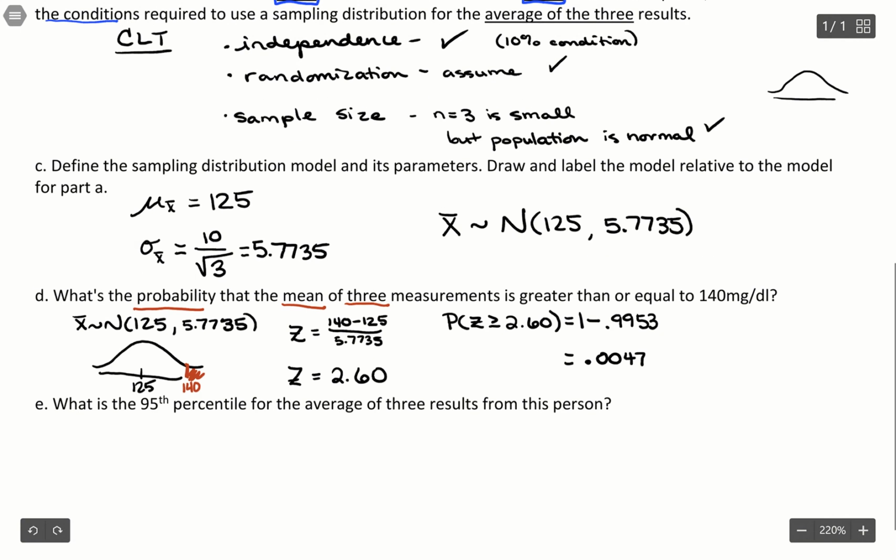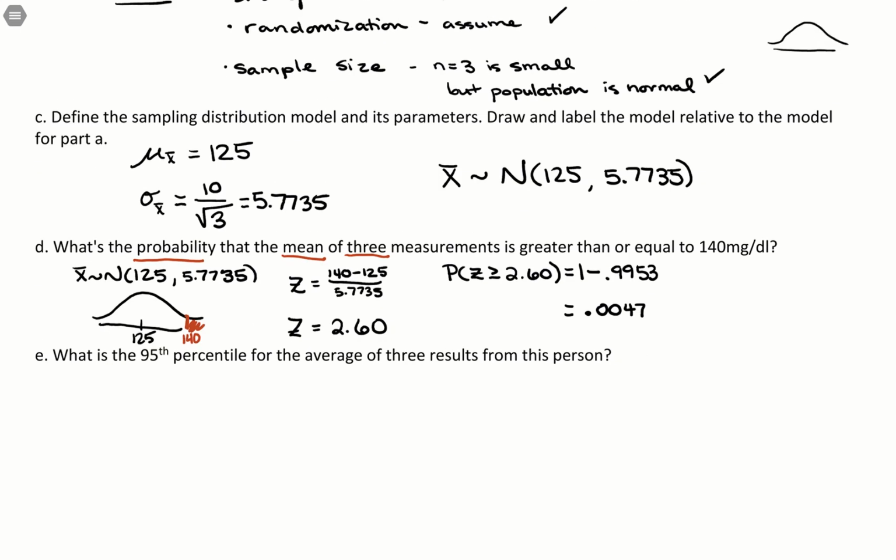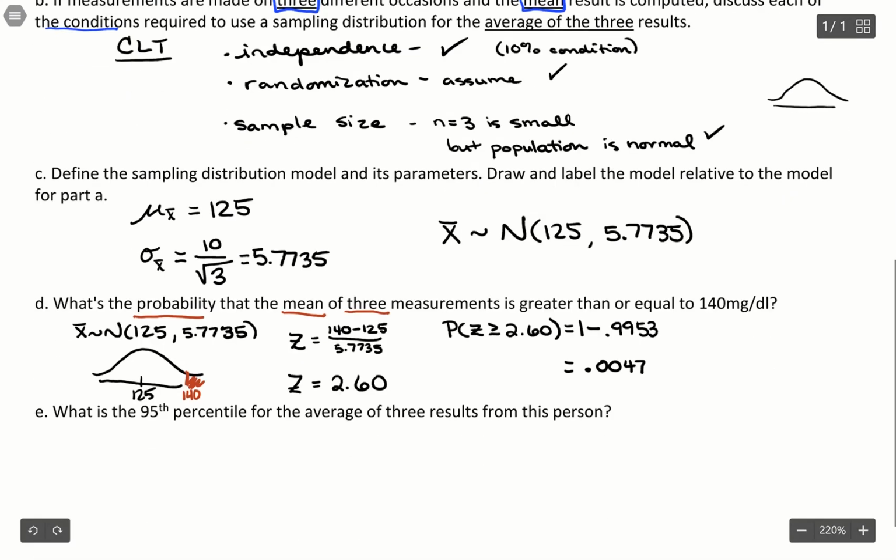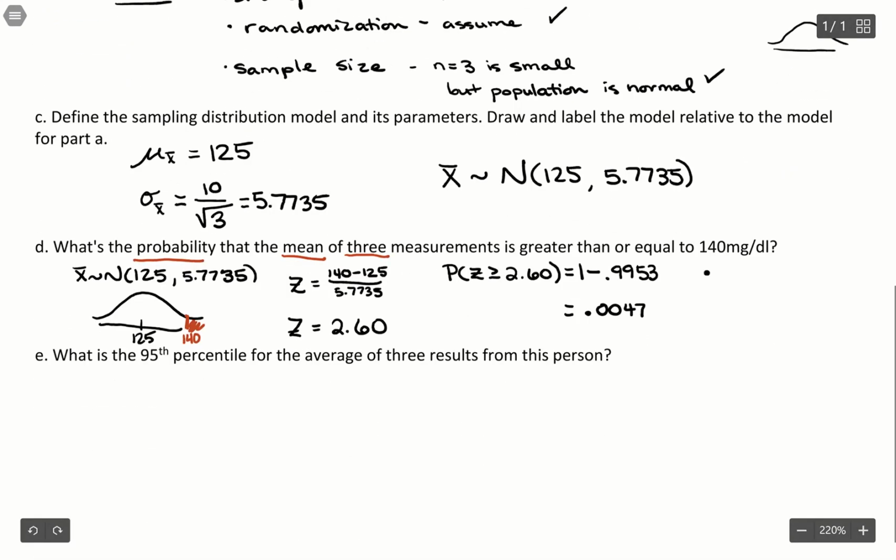So now, in terms of phrasing for the solution here, where before it was a 6.68% chance a single glucose level is greater than 140, now what we have is that there's a 0.47% chance the average of 3 measurements, let's say 3 glucose levels, is greater than 140.